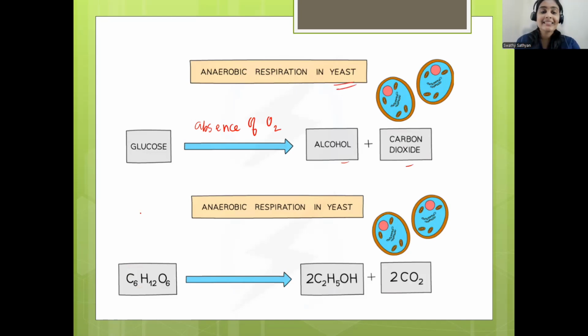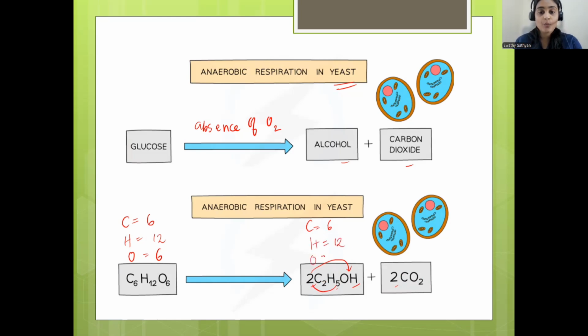Okay, so here you can see the balanced reaction. Here we have glucose. How many carbons are there? 6 carbons, 12 hydrogens, and 6 oxygens. And here carbons: 2 into 2 is 4, plus 2, so 6 carbons. Then hydrogen: 5 into 2 is 10, plus here 2, so total 10 plus 2 is 12.